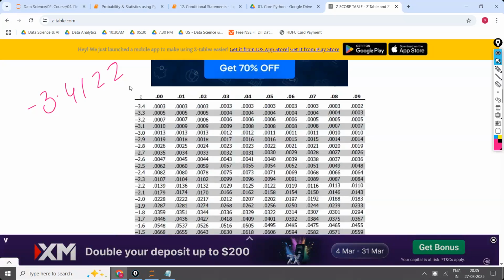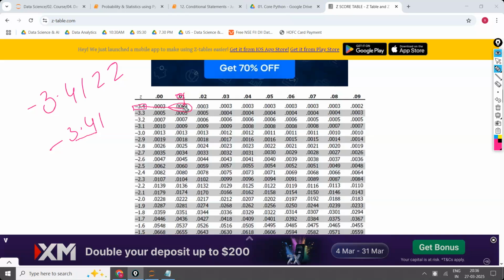First you make it 2 decimals, that is round figure to 2 decimals. What is the value? 3.41. Point is clear? Now here, for 3.41, first up to 1 decimal you will find here. Your second decimal is here. Now by combining these two, whatever number is there, that is the probability. Logic is clear?